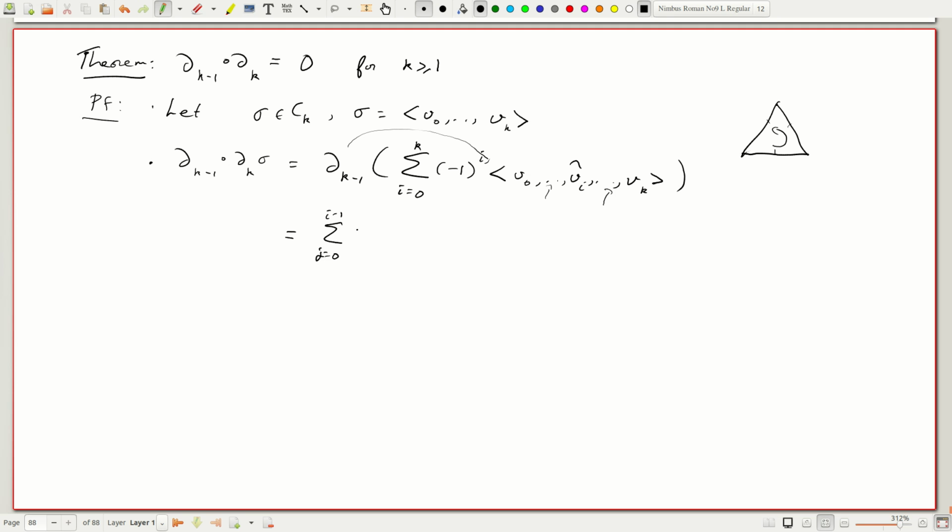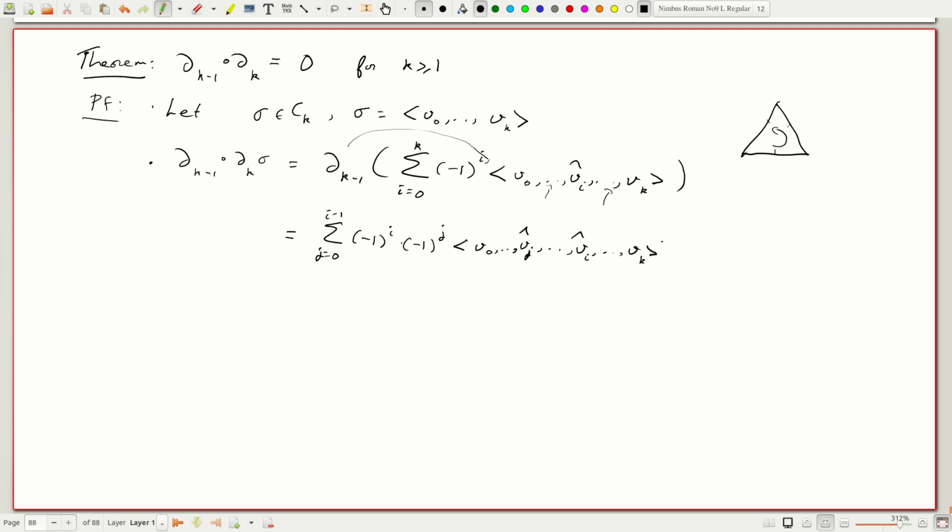So when I look at these, then I get minus 1 to the i, which was there previously, and minus 1 to the j. Okay, and we have deleted the jth term from here. So we are looking at v0, vj hat, vi hat, all the way to vk.